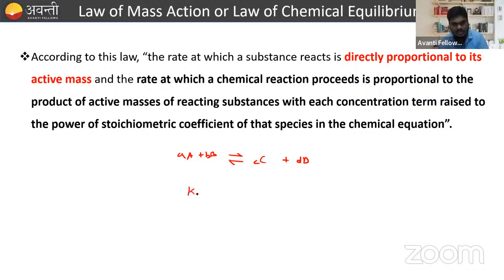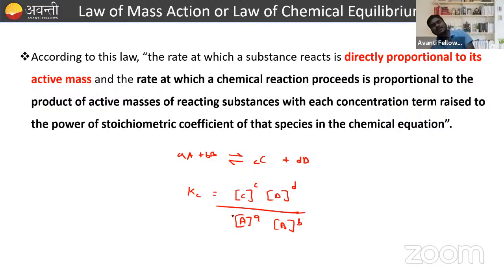The chemical equilibrium constant comes out to be product concentration upon reactant concentration, that is [C]^c [D]^d upon [A]^a [B]^b. Right, so this is how you can calculate Kc. You understand this thing? What is the law of mass action?